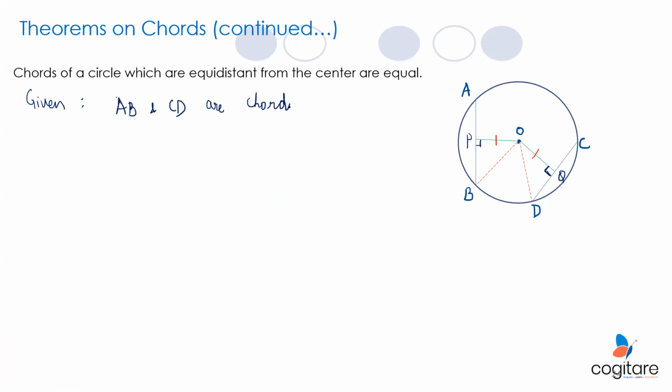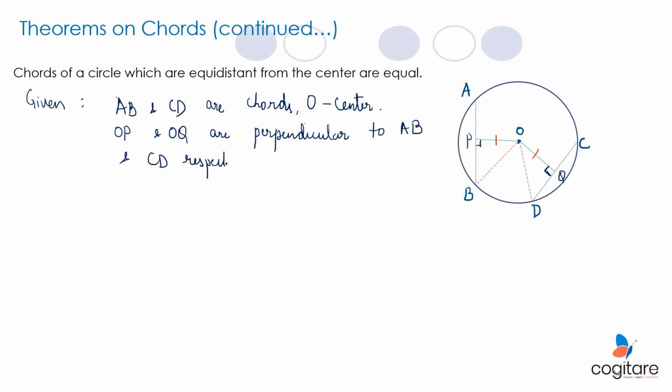We have O as the center, and OP and OQ are perpendicular to AB and CD respectively. Does that make sense?